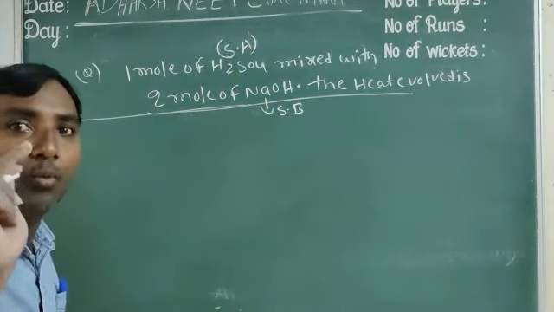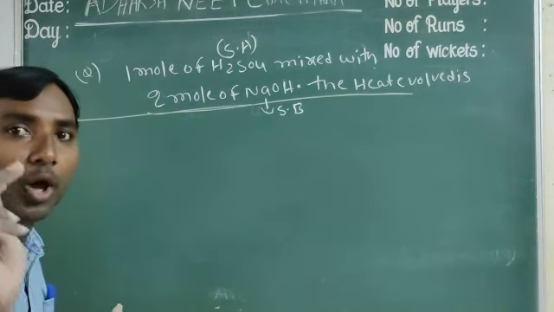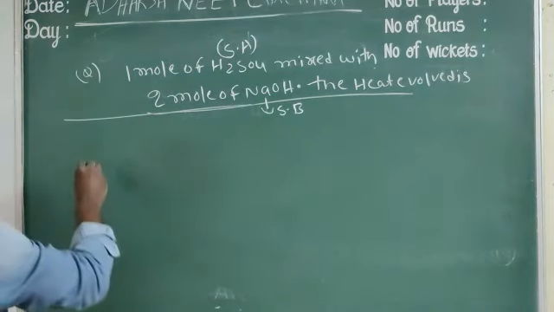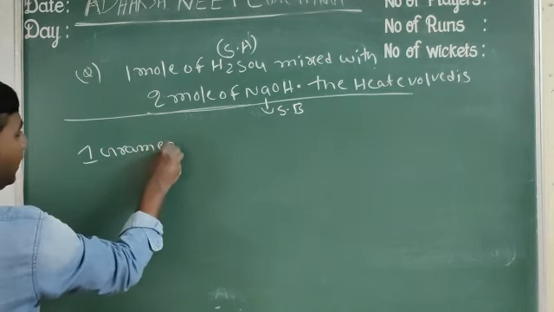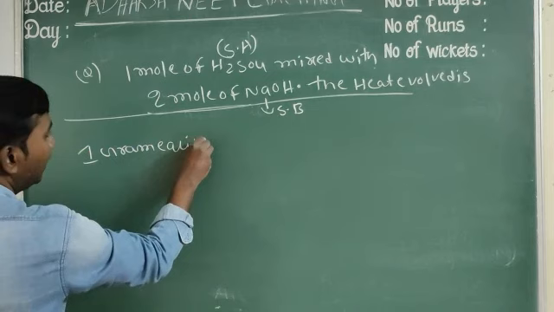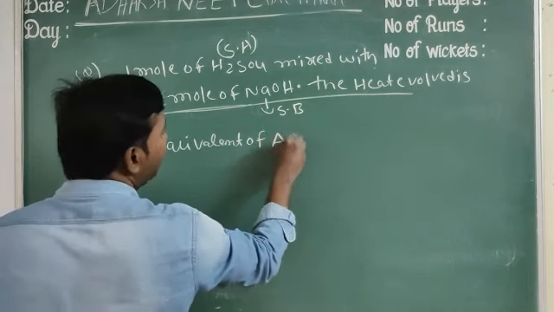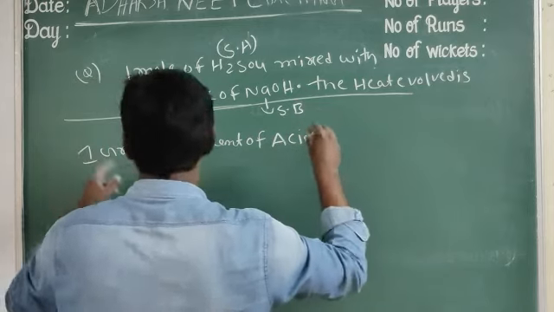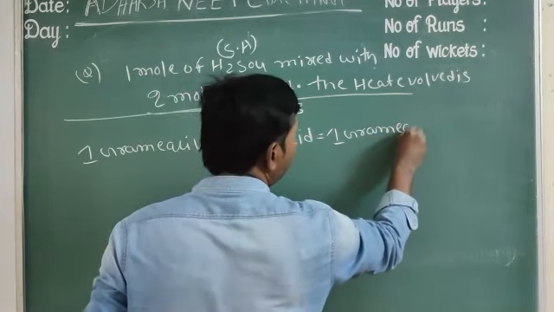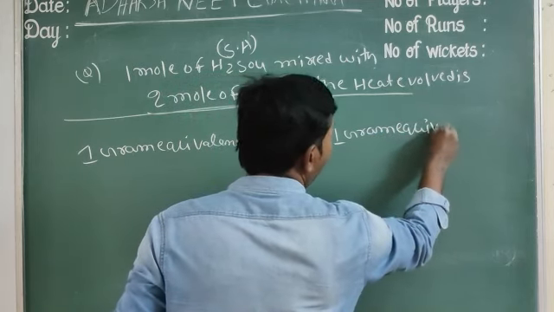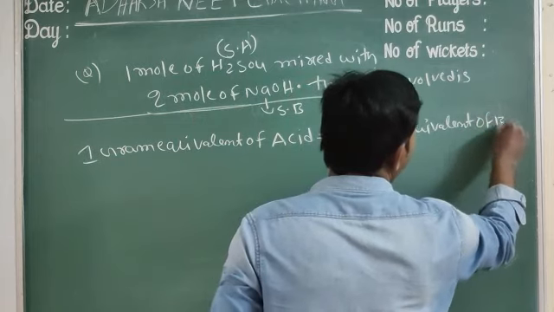What I say, 1 gram equivalent of acid equals 1 gram equivalent of base.